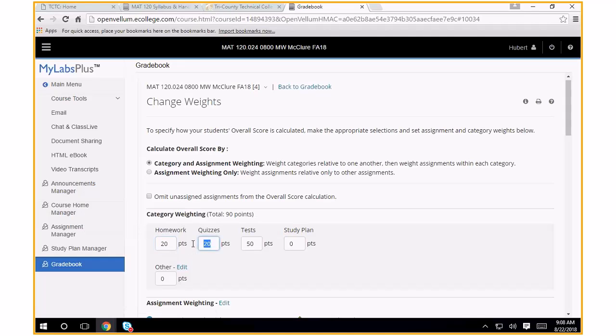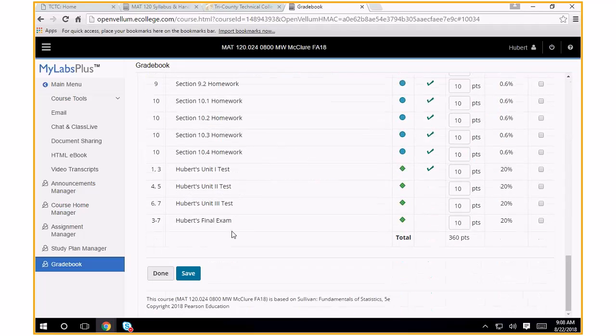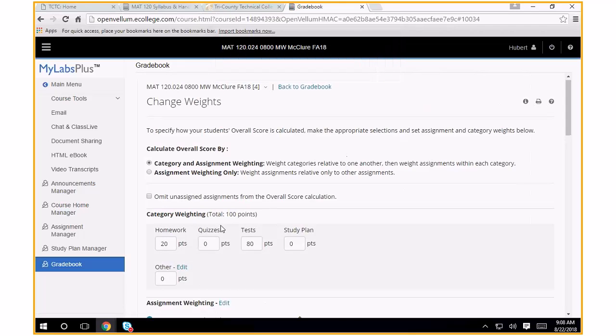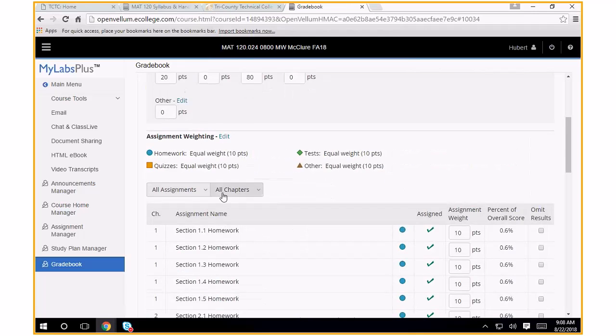20, 0, and 80. Now tell me what that means. Somebody tell me what that means. That means 80% of your grade comes from what? And 20% comes from homework. So I'm going to save that right now. And now I'm going to go ahead and do this because that way you get to see it.